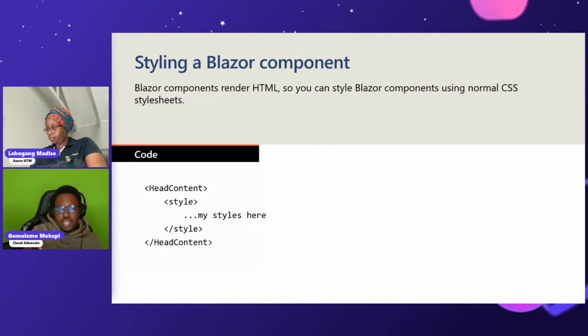And you'll see how that style applies to that component. But we also have something where we can define the HTML head of the specific page inside of a Blazor component, and that's this HeadContent tag that we have here. And you'll see how that plays out once we get to the actual demo.